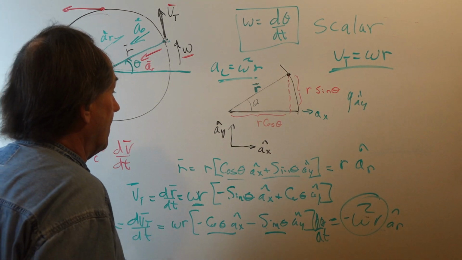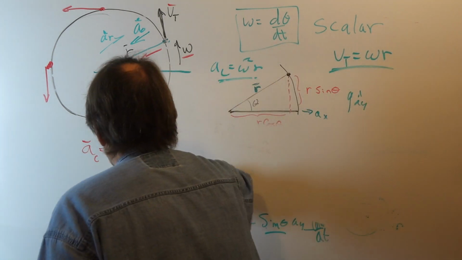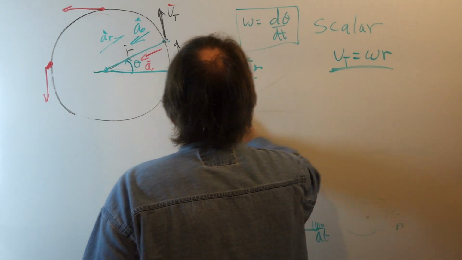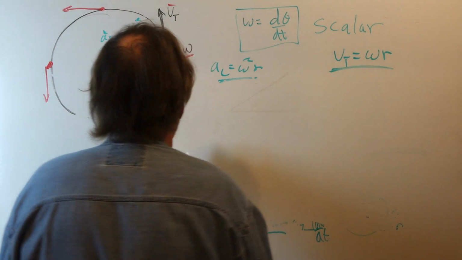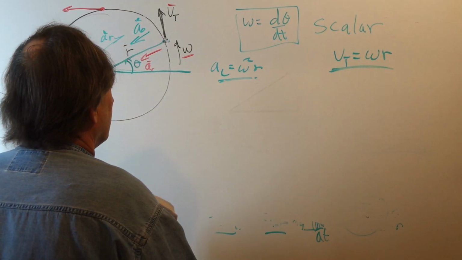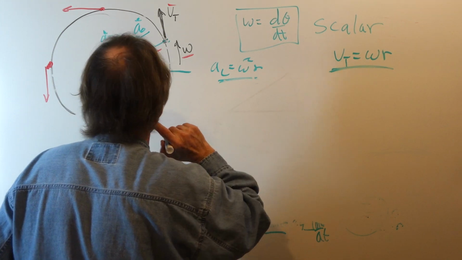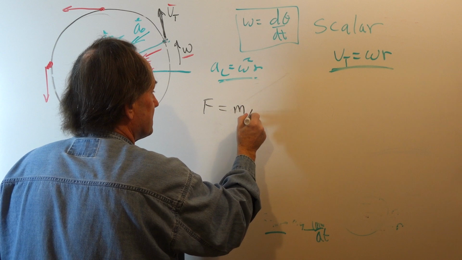Okay, now, since we now know the relationship of centripetal acceleration to the angular velocity and the radius, we have centripetal acceleration is omega squared r. And remember, from Newton's equation, force equals mass times acceleration.